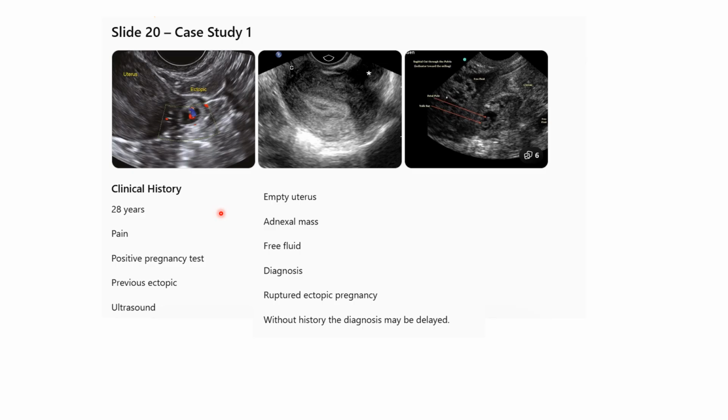Clinical history: 28 years, pain, positive pregnancy test, previous ectopic. Ultrasound: empty uterus, as you can see there, adnexal mass, as you can see there, free fluid. Diagnosis: this is suspected of a ruptured ectopic pregnancy. Without history, the diagnosis may be delayed.